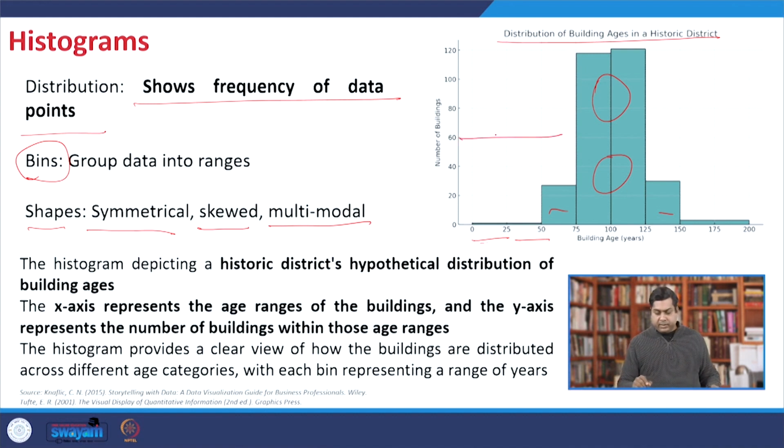If the data is uniformly distributed, it is very much symmetrical, but it may be skewed also, left side skewed or right side skewed, or maybe it has multiple modes. So, the data is not giving you a particular number or some kind of central tendency. In those cases you can have multimodal as well.